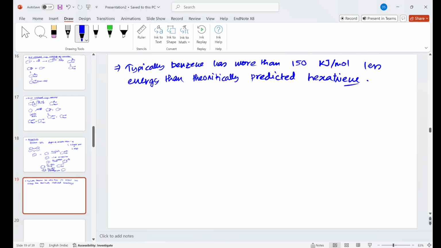Okay, so the reason behind this is the aromaticity.